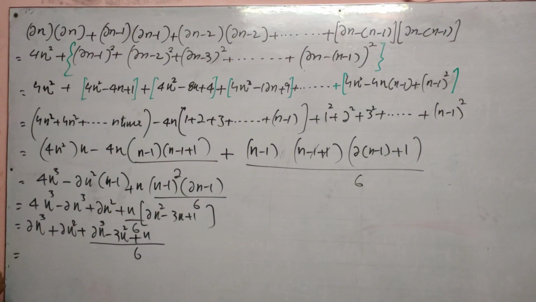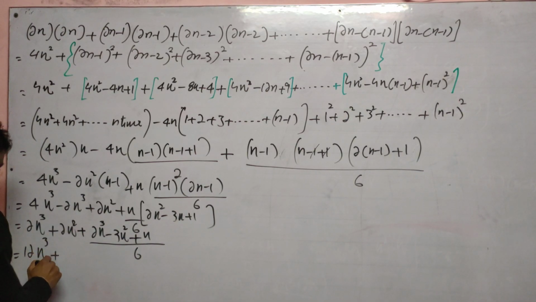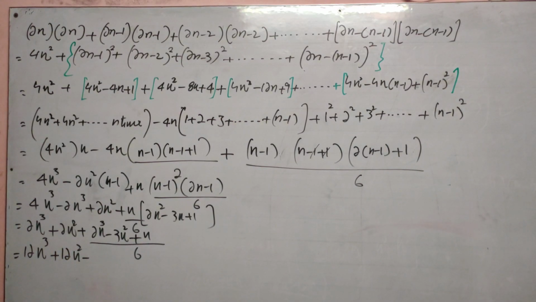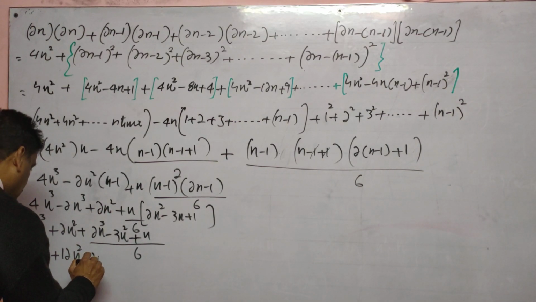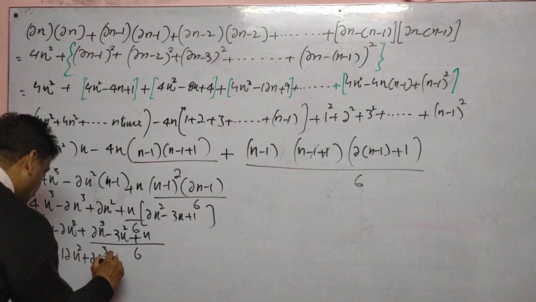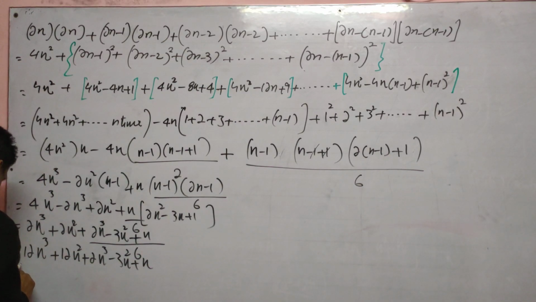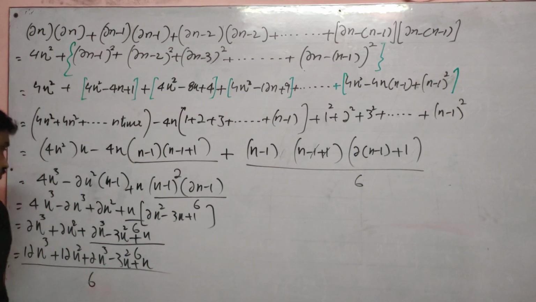By taking 6 as LCM, we will get 12n cubed plus 12n squared plus 2n cubed minus 3n squared plus n, whole divided by 6.